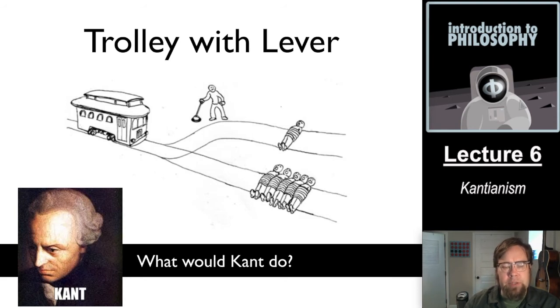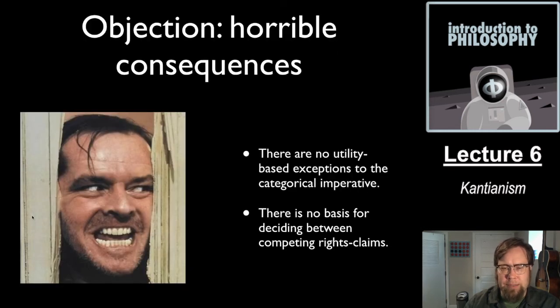So let's look at this other example from Kant. Kant tells this story to illustrate how much he really means it when he says that you can't deviate from the categorical imperative and you can't be using people even to bring about so-called good consequences. And the story goes something like this.